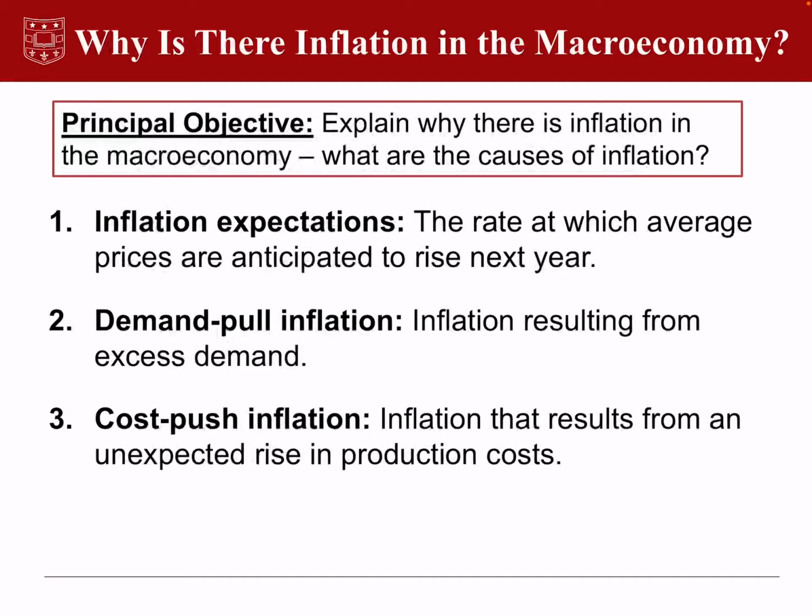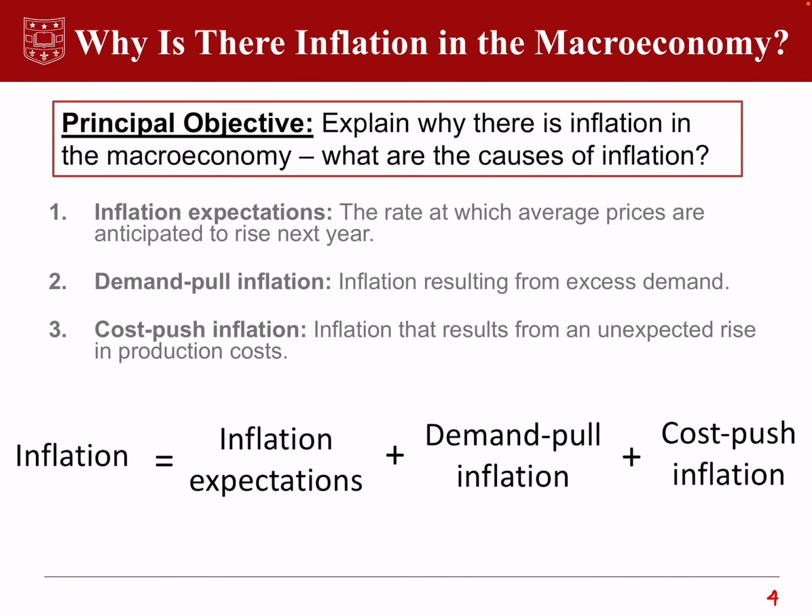So, if you begin to think about where we were with the Chapter 18 material, that was all a discussion of the demand side of the macroeconomy. And then the third reason that we'll talk about for why inflation happens in an economy is the presence of supply shocks or cost push inflation. So, in other words, inflation that results from unexpected changes in production costs.